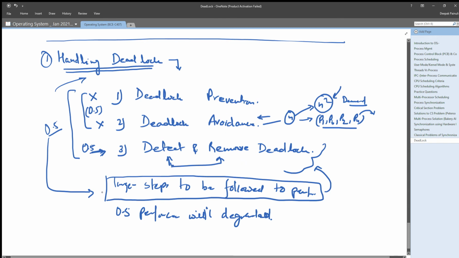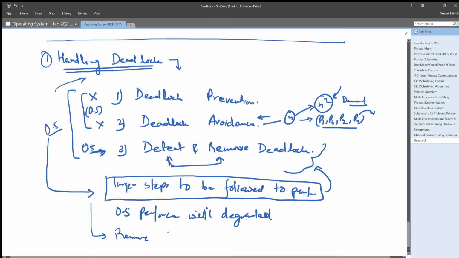That's why the OS doesn't do anything regarding deadlock. It will simply let deadlock happen, and after it happens, it will only try to remove those deadlocks, if possible. If it is not possible, then it cannot do anything, right?